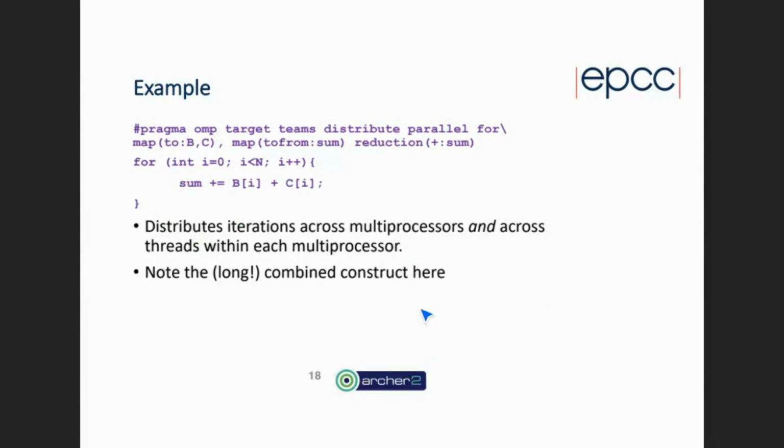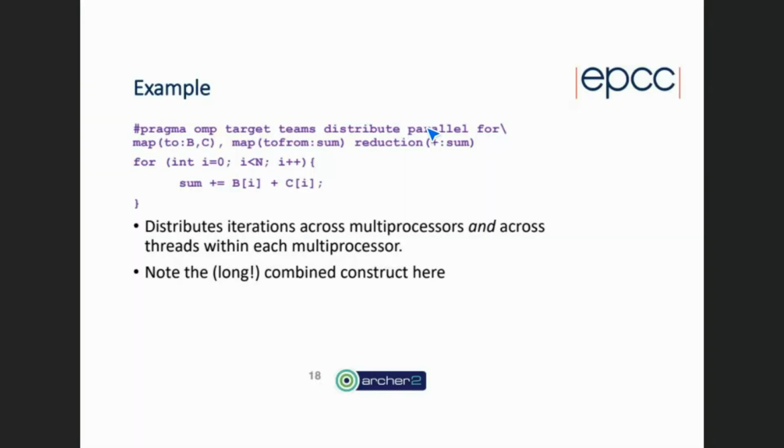For a simple example, if you want to use the whole GPU, then you would need to specify omp target teams distribute parallel for. That will offload, create some teams, and distribute the loop iterations between teams. Each team creates multiple threads, and then also distributes the iterations across the threads.